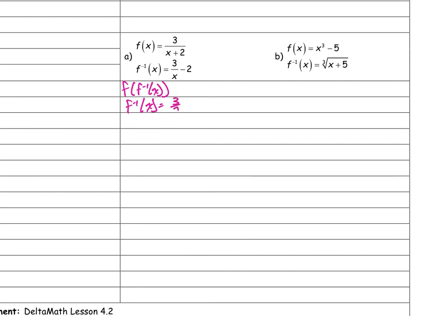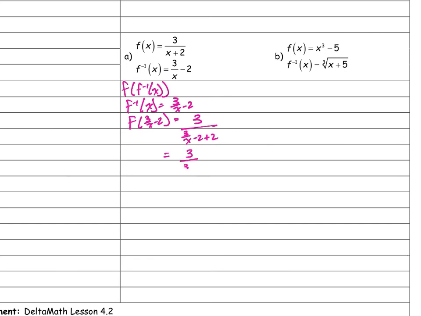So this is 3x minus 2. And then I want to do f of 3x minus 2, which is going to equal 3 over 3 over x minus 2, plus 2. Okay, so then I've got 3 over x.